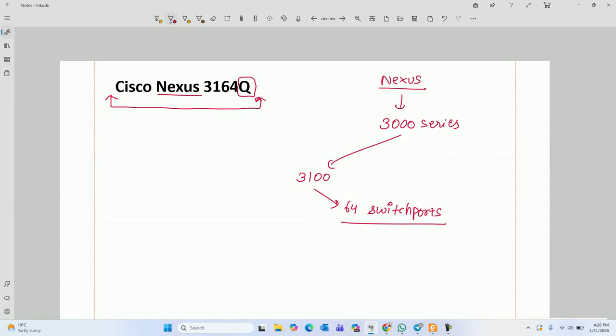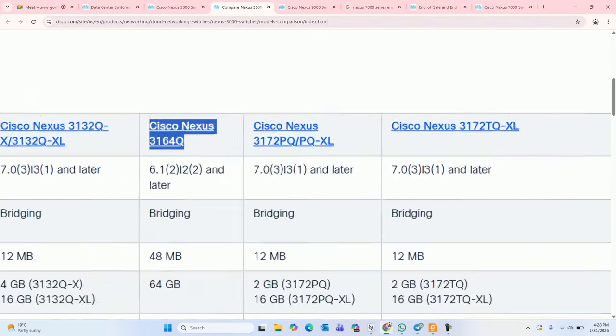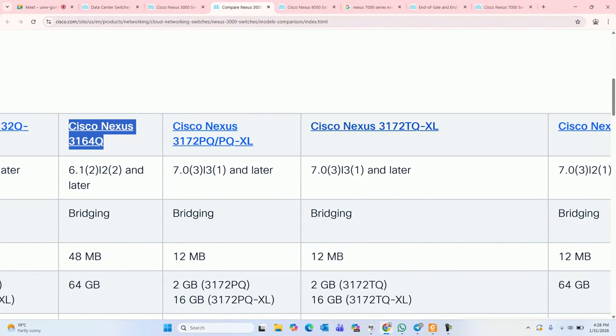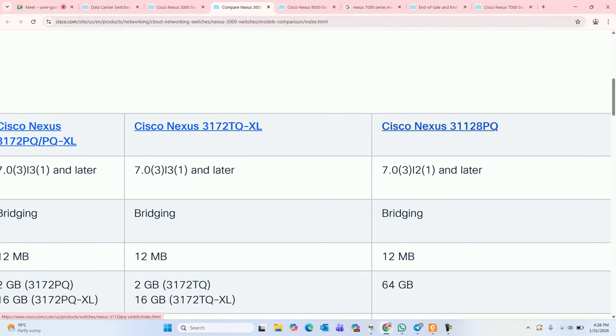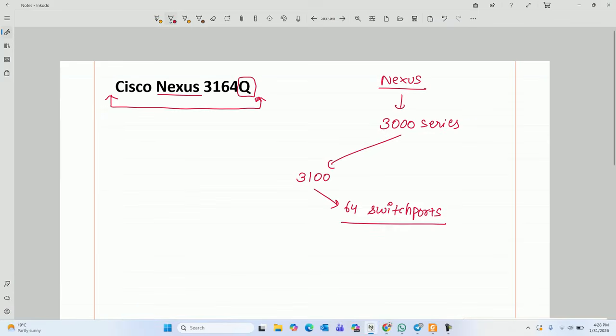So it holds a meaning, guys. It's not a random thing. If you look at the documents again, you see 9372PQ, you see TQ, you see PQ. So it's not random stuff. It always holds a meaning. So for this, we have a document here.